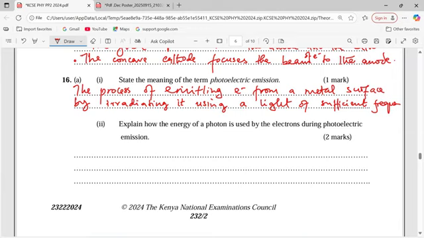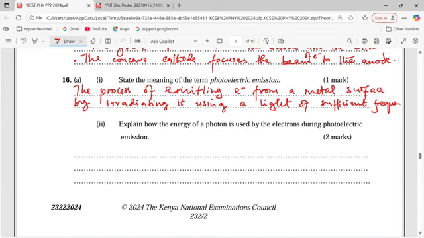Remember, there is a level of frequency, which in turn is the energy, which you can focus on a certain metal and photoemission does not occur, simply because every metal surface requires some minimum energy for it to cause photoemission.